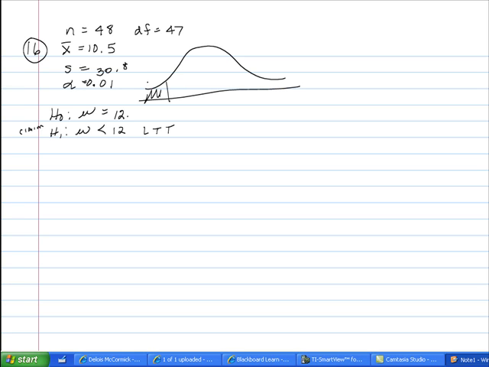Alright, so 10.5 minus 12 times the square root of 48 divided by 30.8. I'm getting negative 0.337. That's going to be a negative. So that one also is fail to reject.